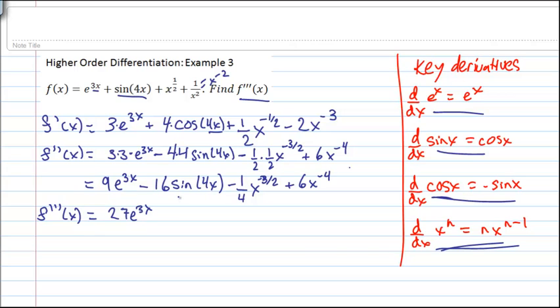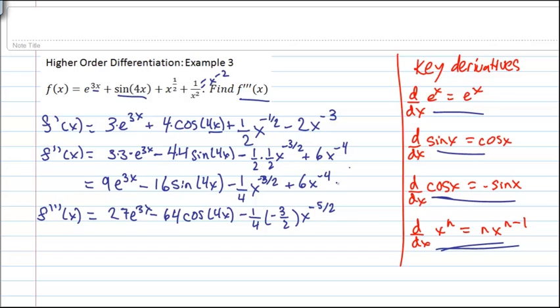So this will be 16 times 4, which is negative 64 cos 4x. And now I have minus 1/4 times negative 3 over 2 x to the negative 5 over 2, because I got to subtract another 1, so I got to subtract 2 halves.